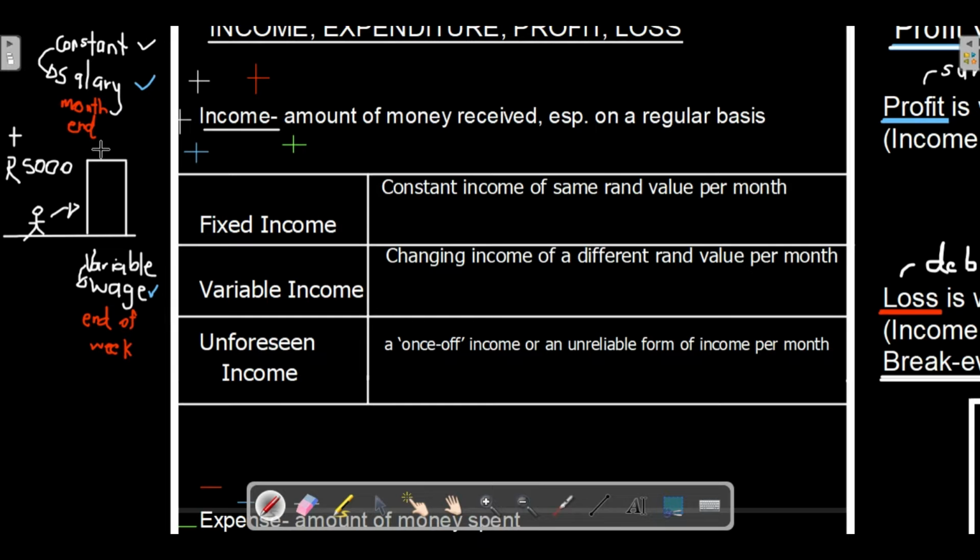It's the same amount of money that you will receive each and every month for that whole year, unless changes are made. This type of income we call the fixed income. Fixed income is simply a constant income of the same rand value per month.